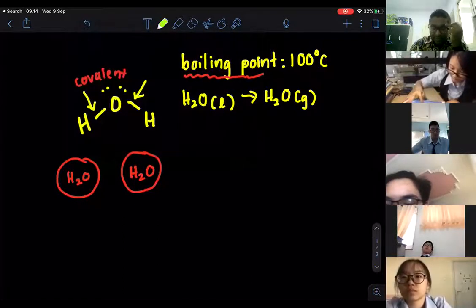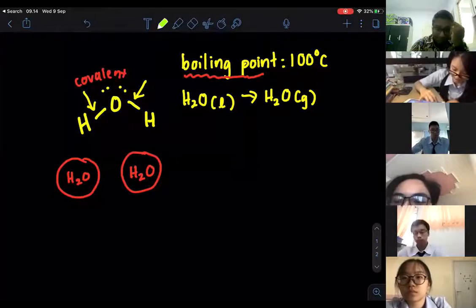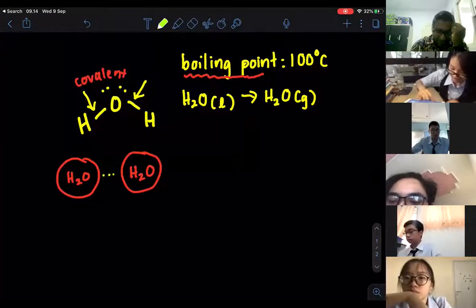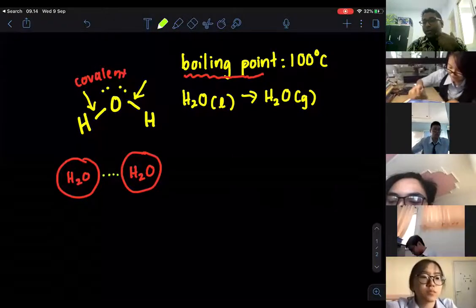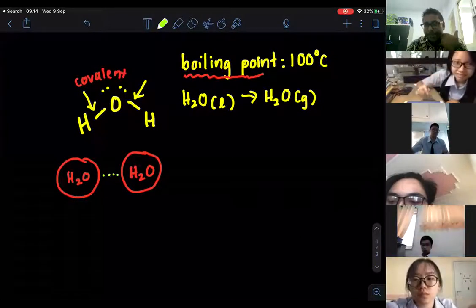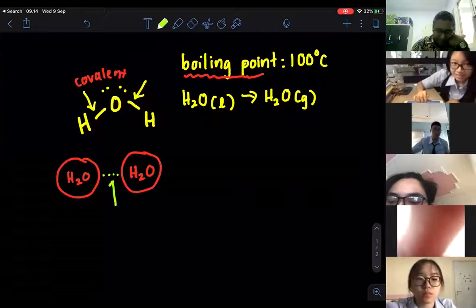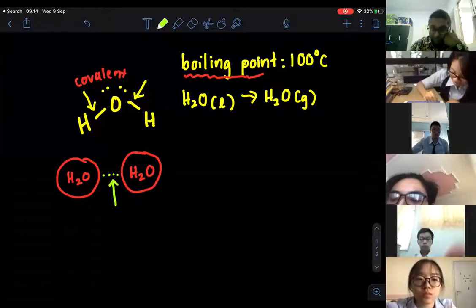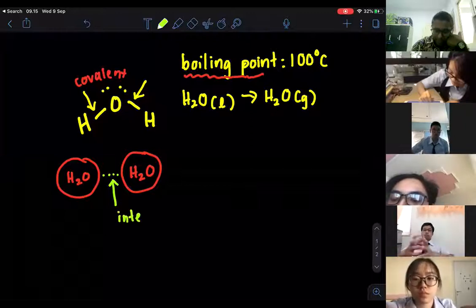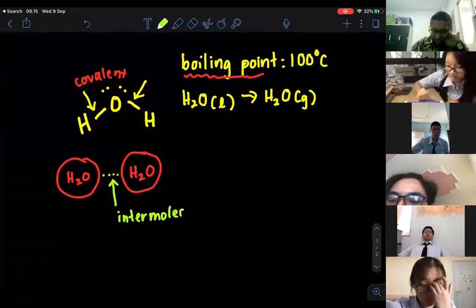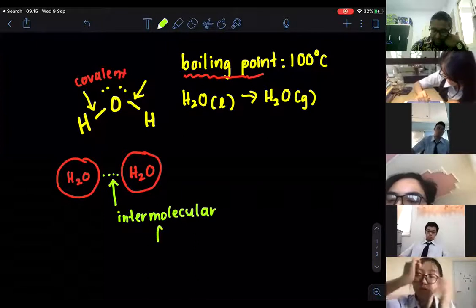We are breaking the forces of attraction that hold one molecule of water with another molecule of water. That force of attraction is the one that we are going to learn today, which is what we call intermolecular forces of attraction.